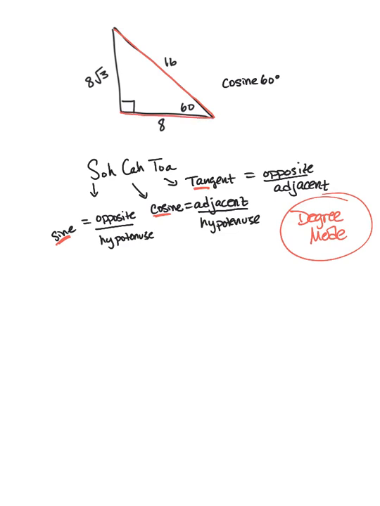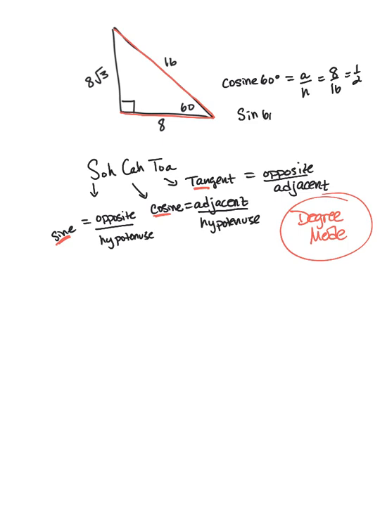So cosine of 60 is adjacent over hypotenuse, which is 8 over 16, so it's 1/2. I said sine by accident. Now, it's not going to be written cosine, it's just going to be written cos 60. Let's talk about sine of 60.